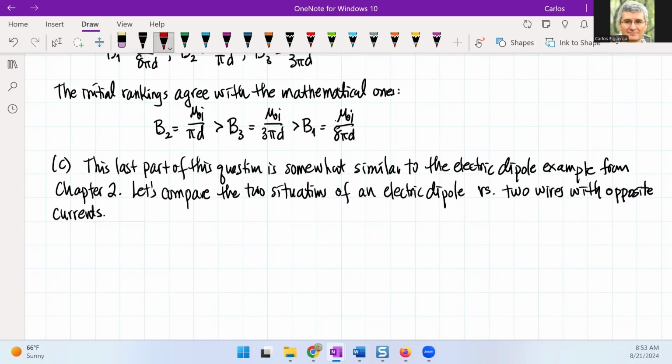So if I look at a dipole, I'm going to be looking at something like this. So we had a dipole. We had a positive and we had a negative charge. So if I'm looking at this, we're saying that these guys are separated by a tiny separation, which we'll call D. And then we're going to pick a point P where P is far away.